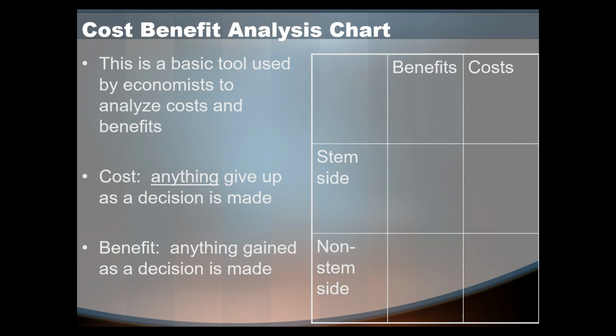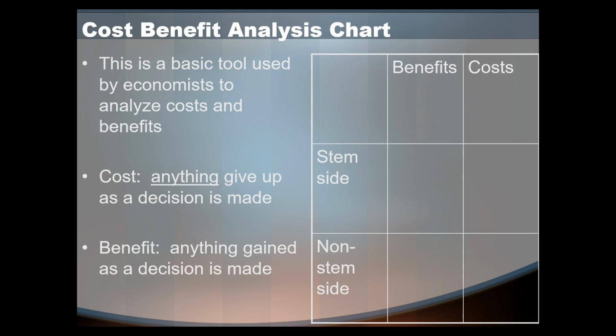The cost is what you gave up when you made that decision. Maybe you think economics is boring and you had to sit through it, although I know none of you would possibly ever think economics is boring because it's so interesting. It might be the piece of paper that you just had to use to write this information down on. Anything like that is going to be a cost.